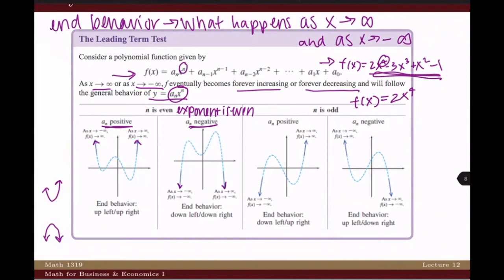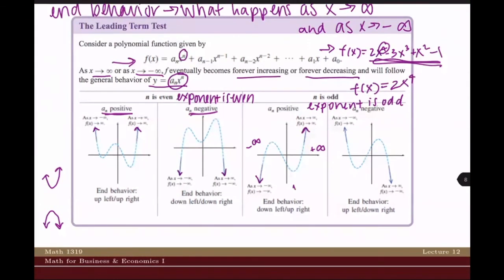And next is if n is odd, that just means if your exponent is odd, we're going to have from the left, so this is from negative infinity, tending downward, and as we go to positive infinity, we'll be tending upward. You can remember this or compare it to either y equals x, which looks like this, right?